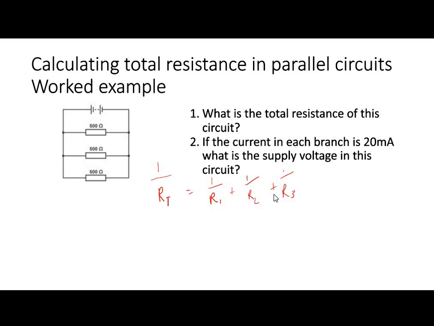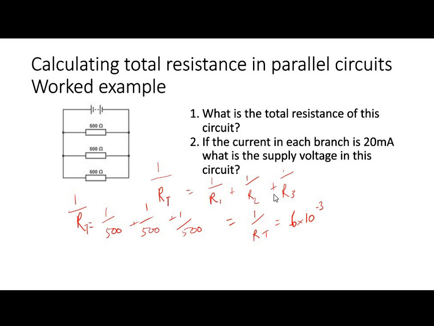So in this example, 1 over RT, I must remember to write that, equals 1 over 500 plus 1 over 500 plus 1 over 500, which equals 6 times 10 to the minus 3.